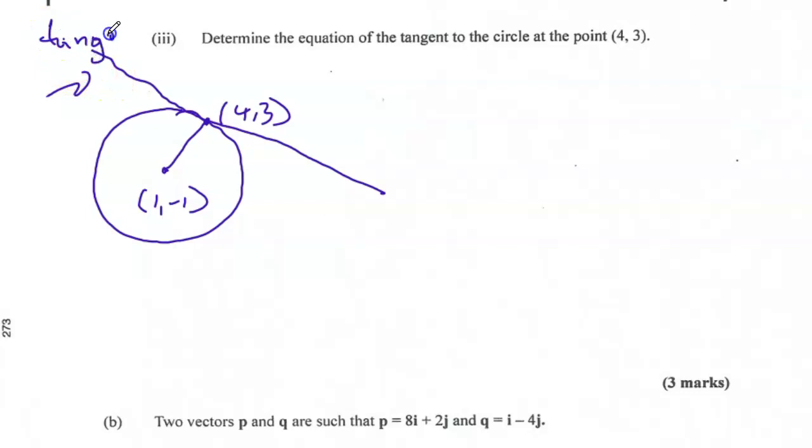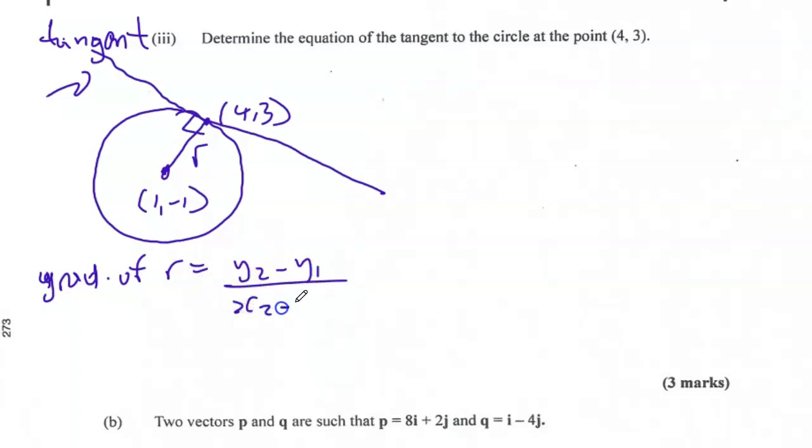So to get the gradient for the tangent, we'll need to find the gradient for the radius. Remember the radius intersect circle theorem: the radius intersects the tangent at 90 degrees, they are perpendicular. So if we know the gradient for the radius, we'll be able to deduce the gradient for the tangent. The gradient of the radius is y2 minus y1 over x2 minus x1.